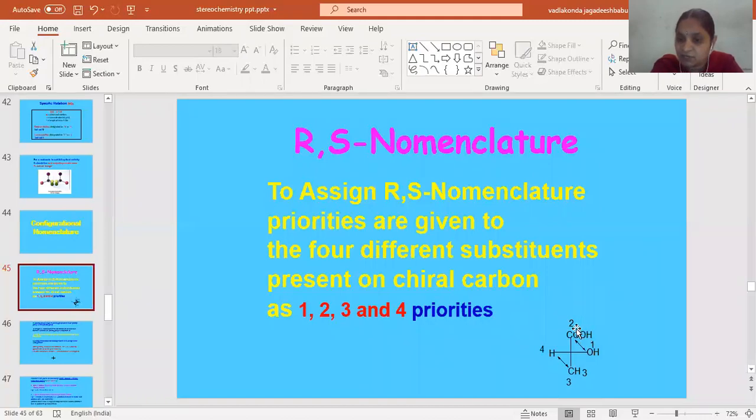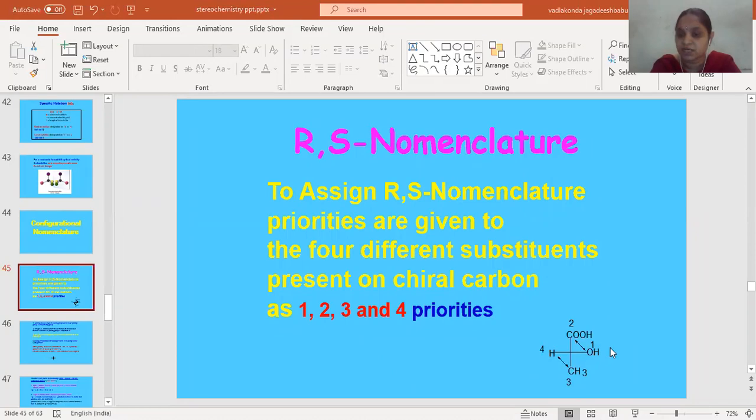So priority will be given to the group which has the next highest atomic number atom. So COOH will be given priority. Next, if we compare hydrogen and CH3, obviously as carbon has a higher atomic number than hydrogen, CH3 will be given priority. And then hydrogen will be given the last priority.